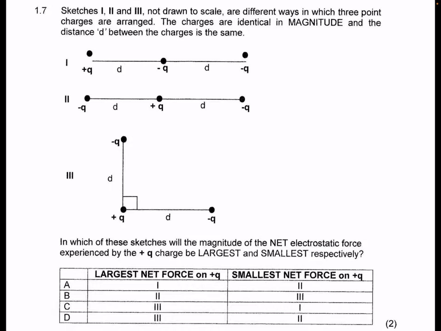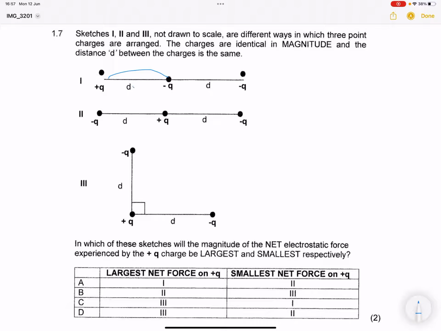Okay, now in this case, I want you to please remember. In the first instance, the 2 charges will exert a force in the same direction. So it will be a force of attraction. So let's just say that positive Q will experience a force F in this case.